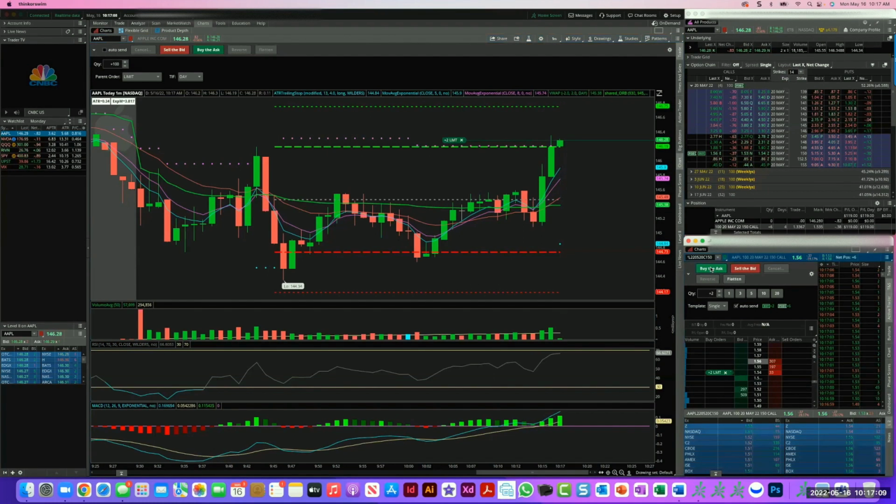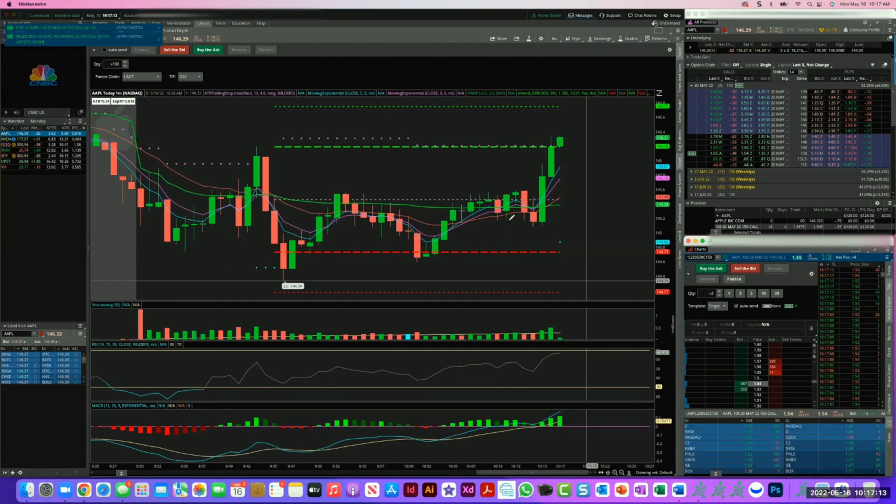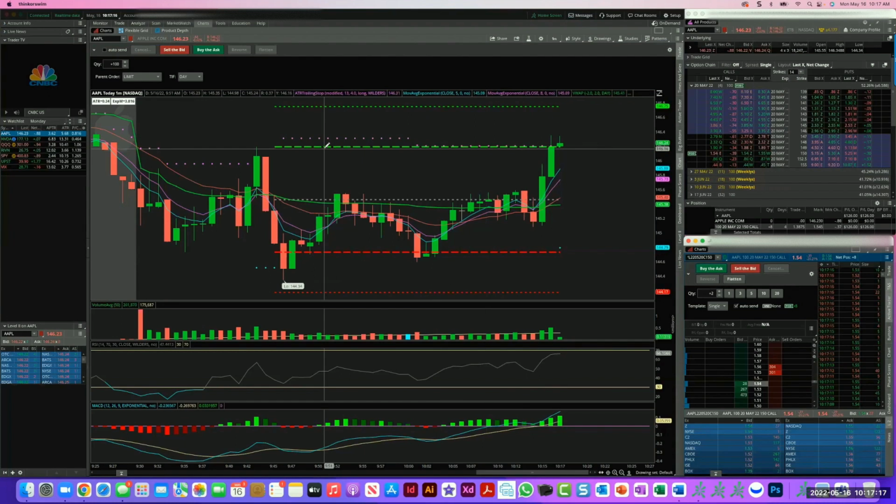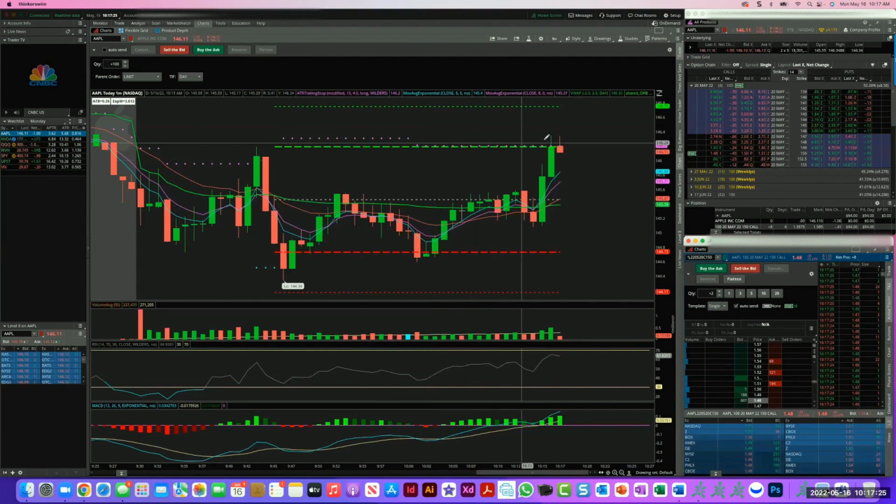So I'm going to go ahead and take another trade on Apple. So again, this is the opening range breakout. This is put on the screen by a script, so you don't have to write it. We're testing this high.